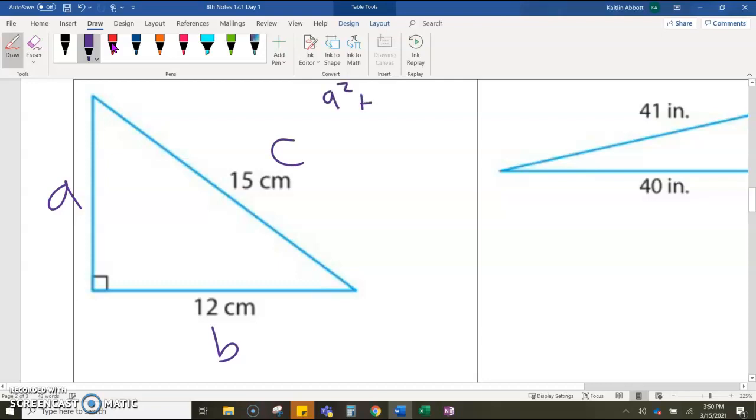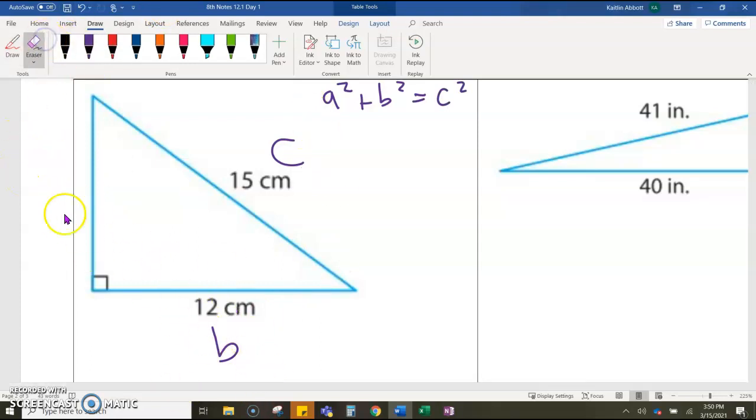A squared plus B squared equals C squared. Beautiful. So we're going to plug these in. Remember, it doesn't matter which of these are A or B. If you really want, watch, I can switch these around. Doesn't matter. So let's do, this one's A, this one's B. Okay, so let's plug them in.